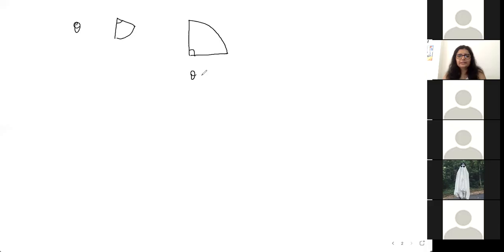When theta of a sector is 90 degrees, can you guess what this kind of sector is called? You're very familiar with that word. Maybe you don't know it in this context. Quarter. Can you repeat that, Ritvik? Quarter. Yeah, it's a quarter of a circle, but its special name is quadrant.